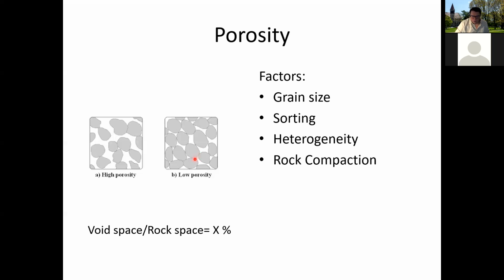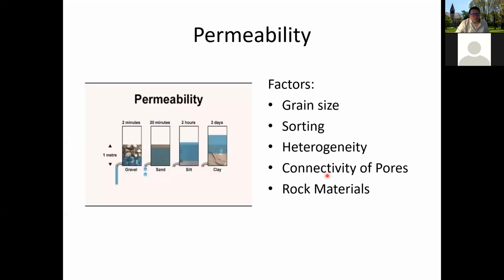Pore throats are what we're talking about in terms of connectivity. The wider the pore throats, the more connected, the easier the water will flow, the more permeable it is. The smaller the pore throats, the less likely the pores are to be connected, and the less likely water will flow.